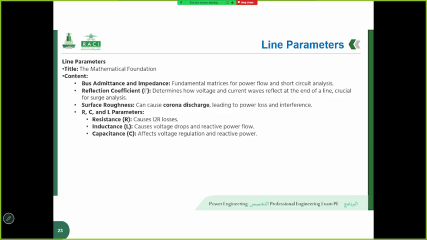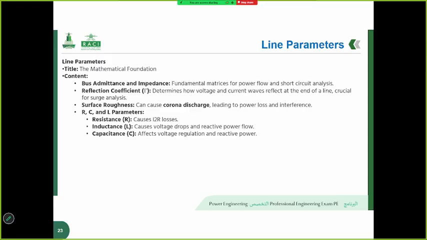And the physical condition of a conductor surface can have a significant electrical impact, especially at very high voltages. So we will have different impacts, such as corona discharge and so on. So corona discharge: a rough surface can create a high electric field gradient, causing the air surrounding the conductor to ionize.